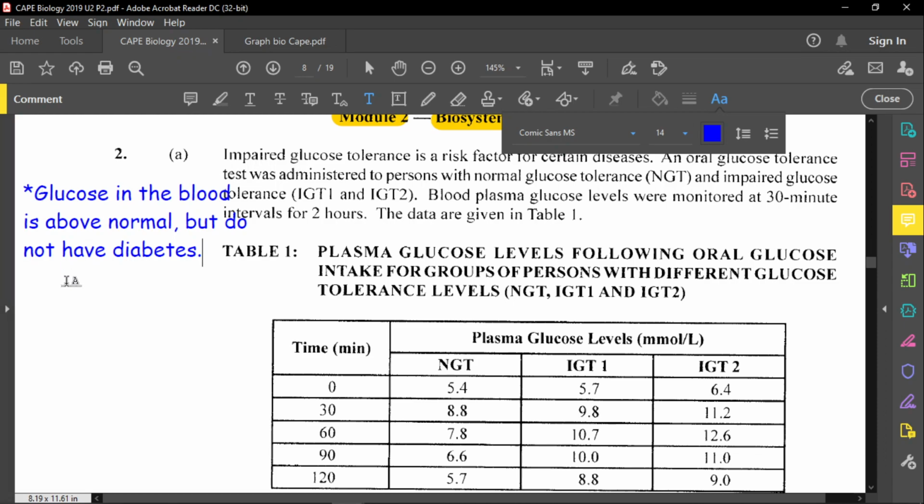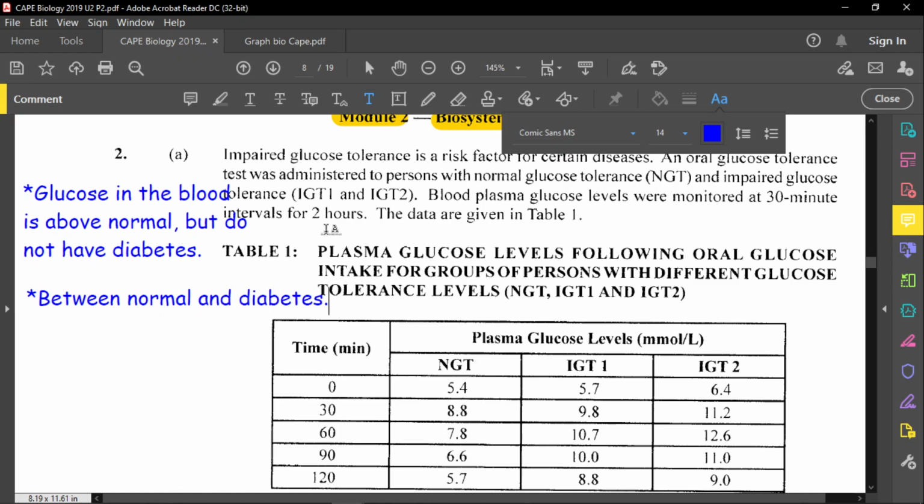It can also be presented in another way as well. You can also say it is between normal and diabetes, okay? So the glucose level is between normal and diabetes.